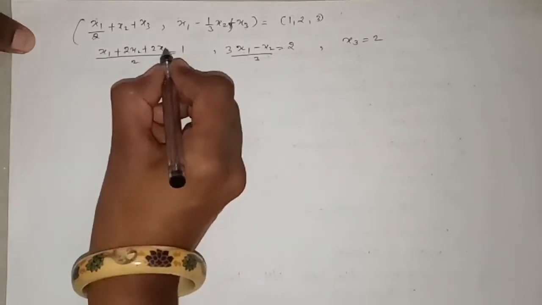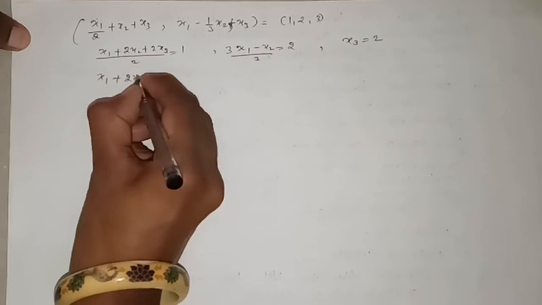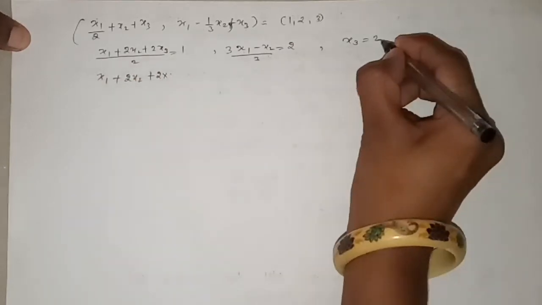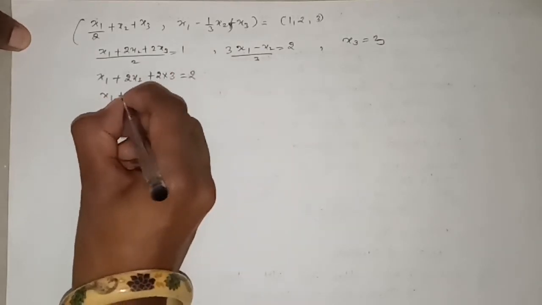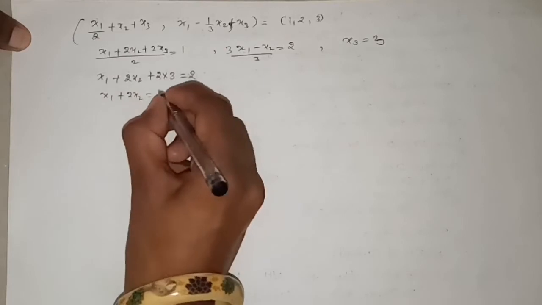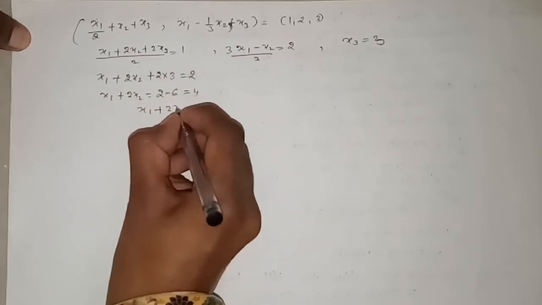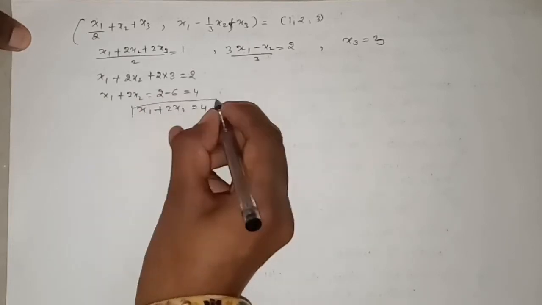Now x3 is equal to 3. I will put the value of x3 in this. So x1 + 2x2 + 2 into 3 is equal to 2. So x1 + 2x2 is equal to 2 - 6, which is equal to -4. Therefore x1 + 2x2 is equal to -4. This is our new equation.